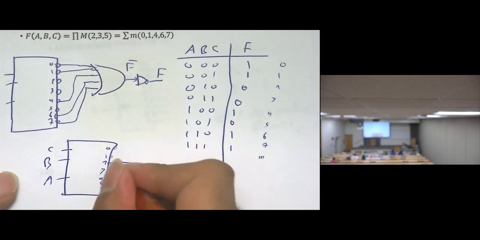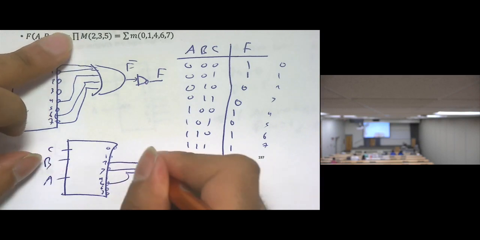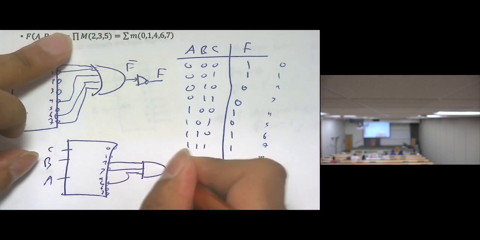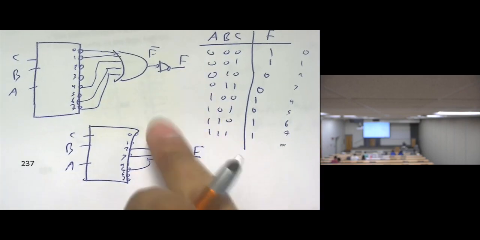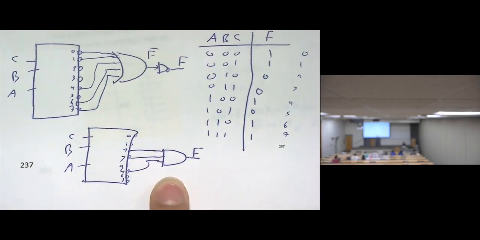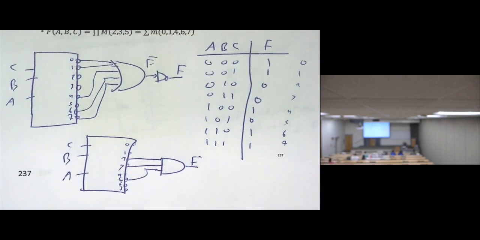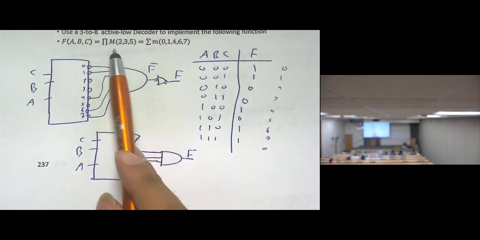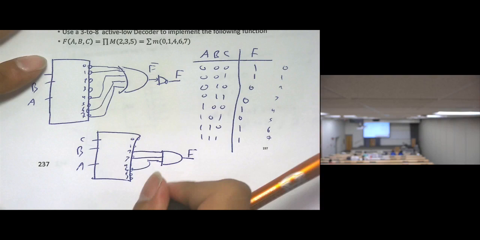Now, since it's product of sum, make them ANDs. There is another representation. Either way is correct. Here I'm taking the zeros, but make them ANDs because I'm with product of sum. Or sum of products, but don't forget to put the NOT because it's active low again.